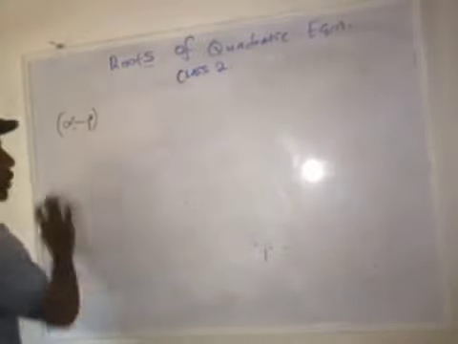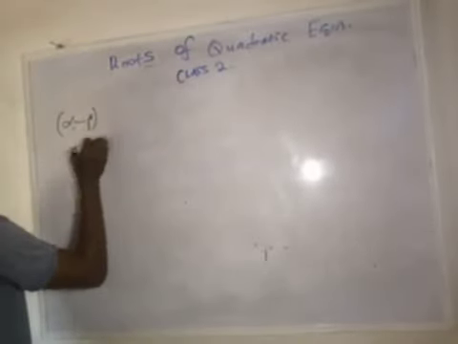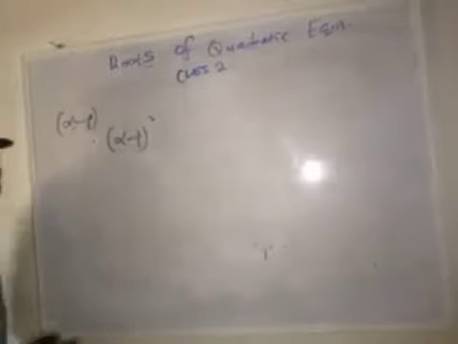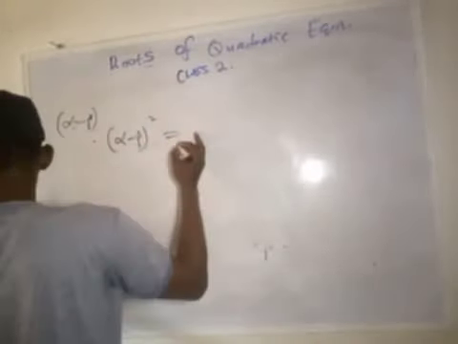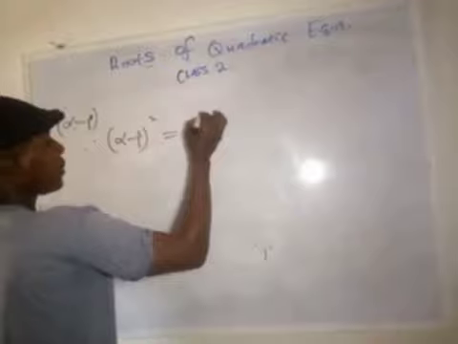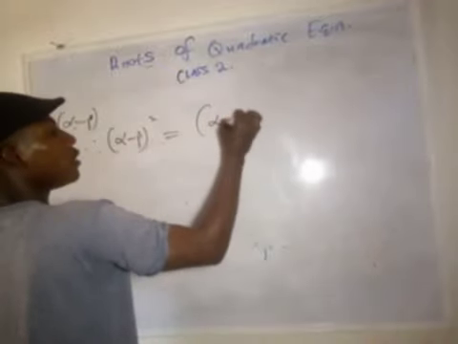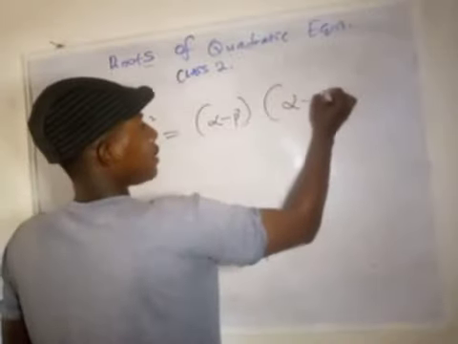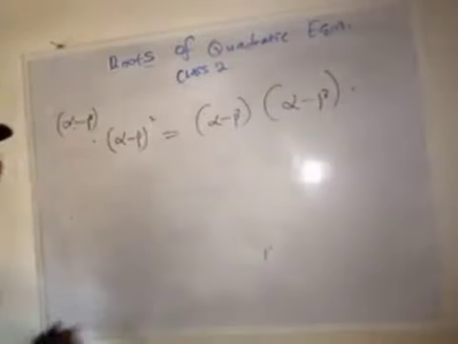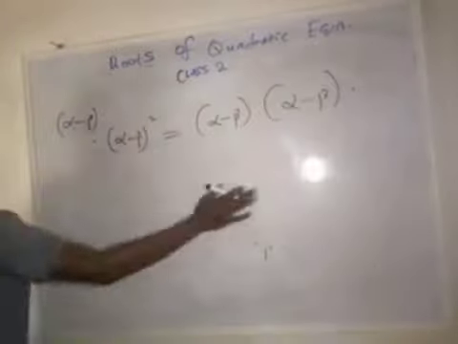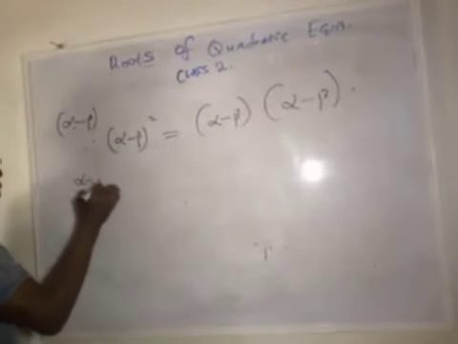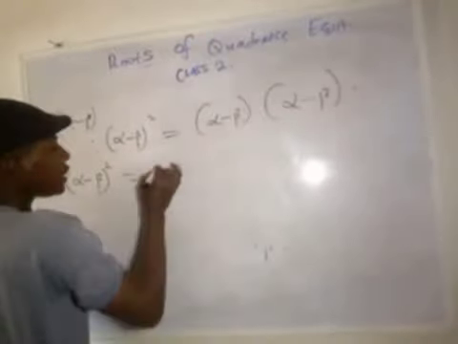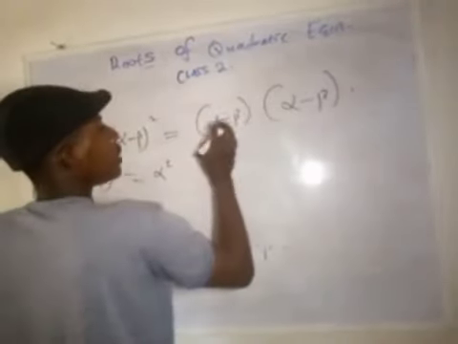Now, for alpha minus beta, you should know that alpha minus beta squared is equivalent to alpha minus beta times alpha minus beta, right? So therefore, I can now say alpha minus beta squared is equal to alpha times alpha, which is alpha squared.